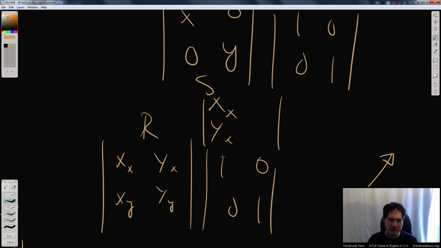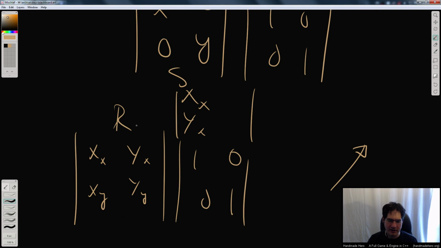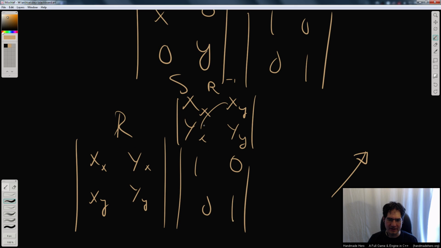So it turns out that when you produce the inverse for R, you get exactly its transpose. You can see that if I finish it out, xy, yy, it's the same matrix but with these two flipped.